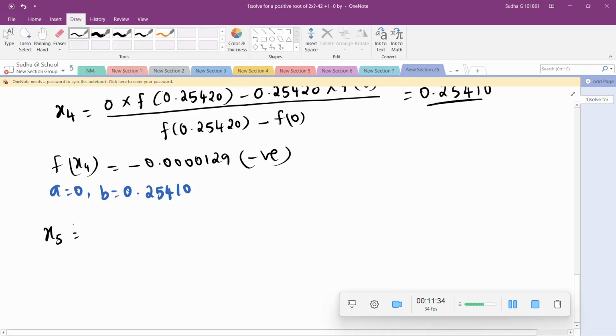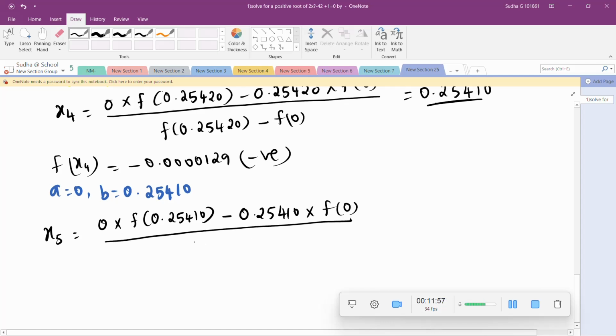So x5 equal to 0 into f of 0.25410 minus 0.25410 into f of A. So f of 0 divided by f of B minus f of A, 0.25410 minus f of 0.